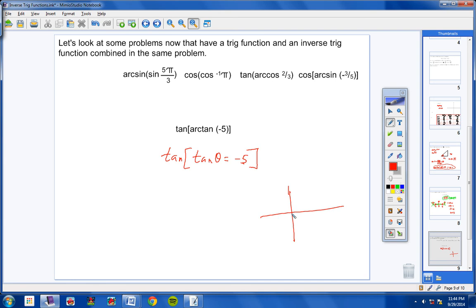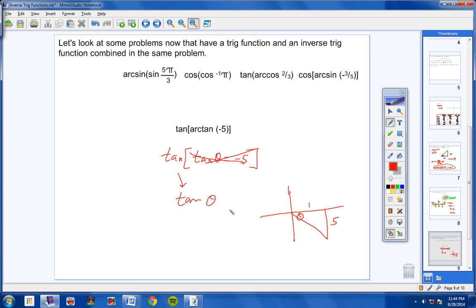So I'm going to come down to this quadrant here and put theta here. And theta is -5, so opposite over adjacent. So there we go. And now this whole thing becomes theta. So really I'm taking the tangent of theta, and of course the tangent of theta would just be -5.